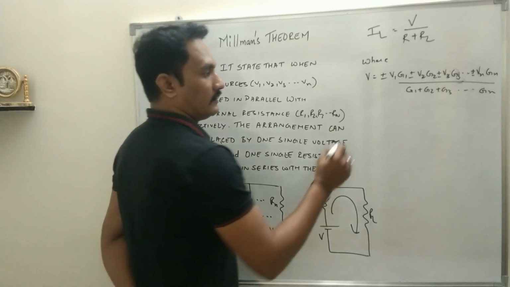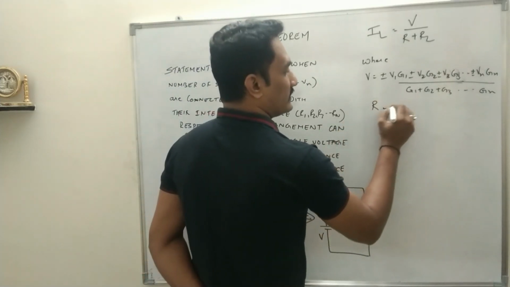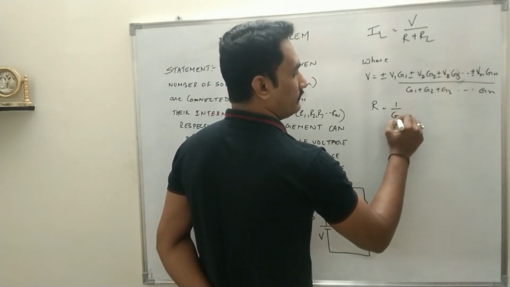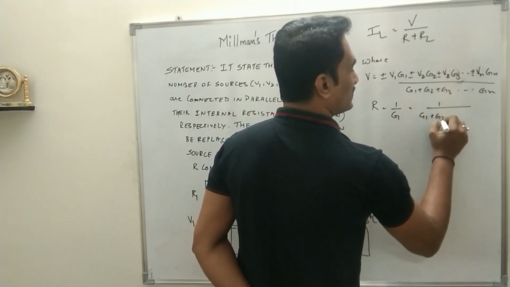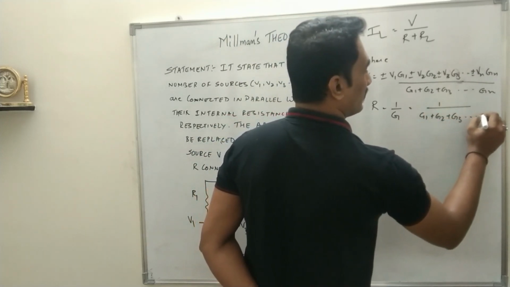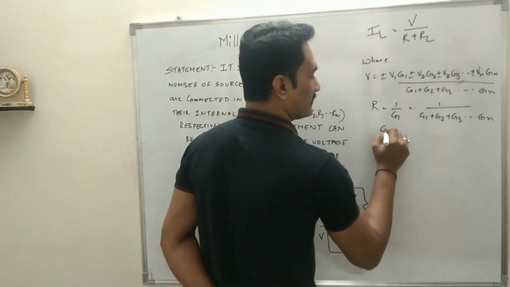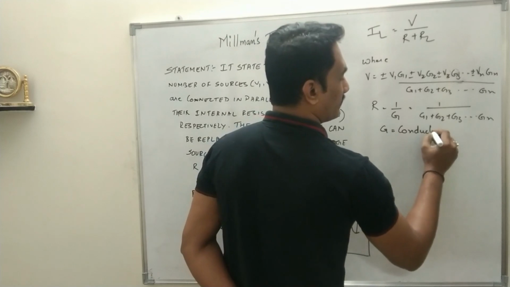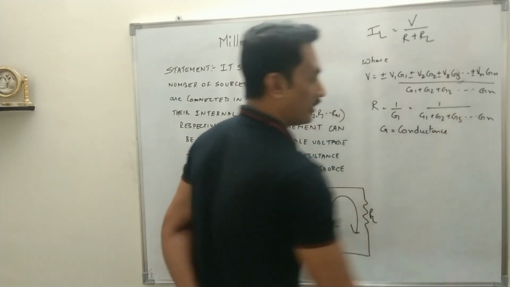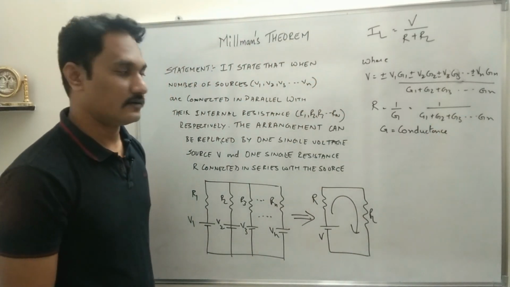Okay, R is 1 upon G, that is 1 upon G1 plus G2 plus G3 up to Gn, where G is conductance, that is the reciprocal of resistance.